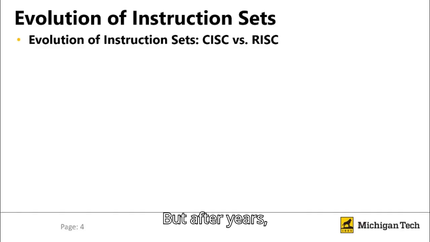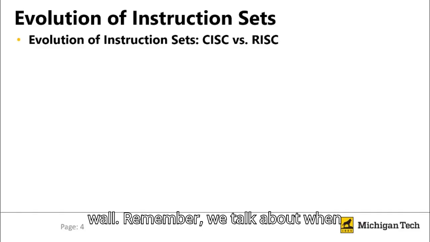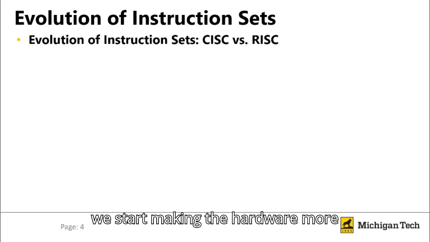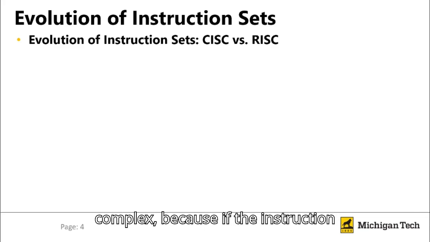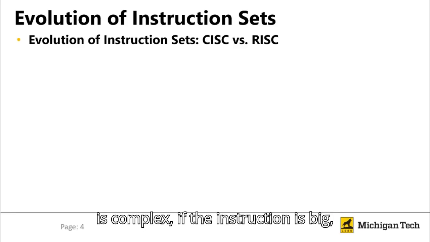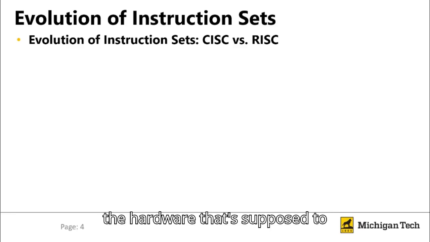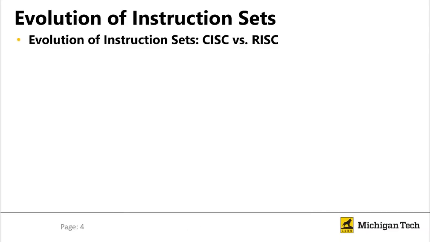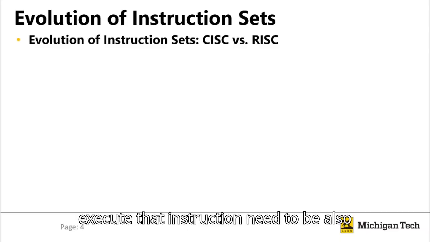But after years, we hit the power wall. Remember, we talked about this when we started making the hardware more complex. If the instruction is complex and big, the hardware that's supposed to execute that instruction needs to be complex too.